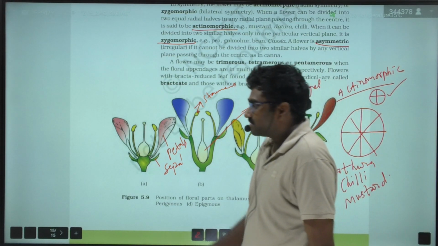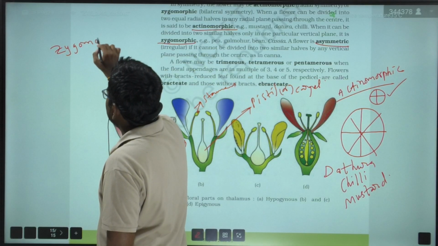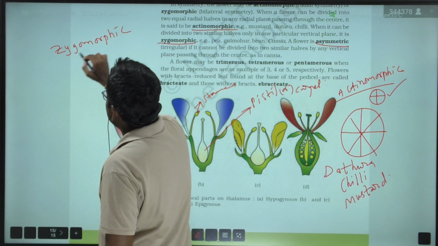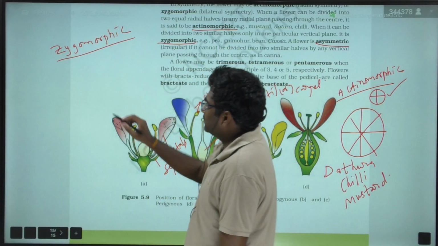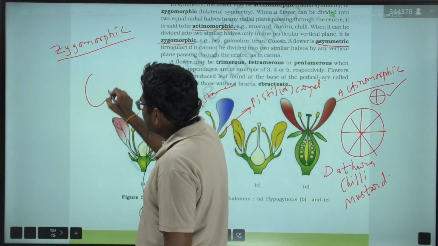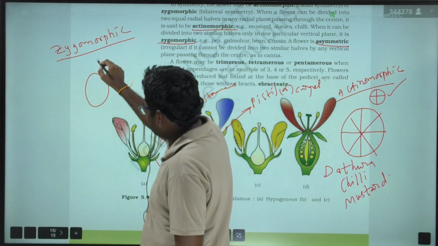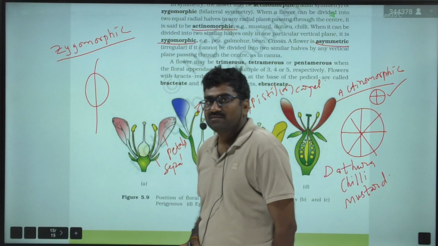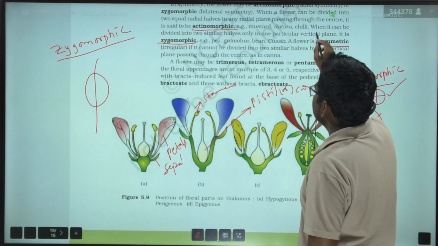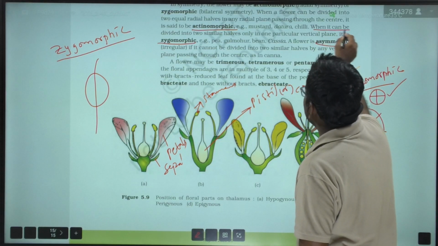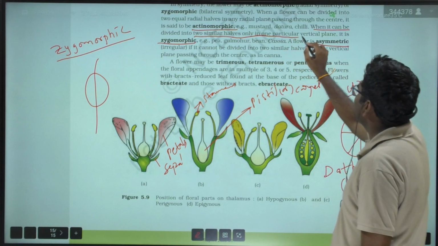And coming to the zygomorphic flower. Here a flower can be divided into 2 equal halves only in one particular vertical plane.